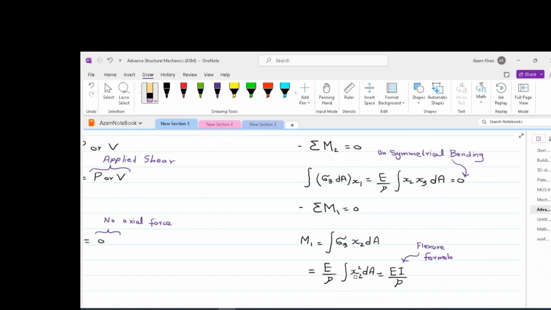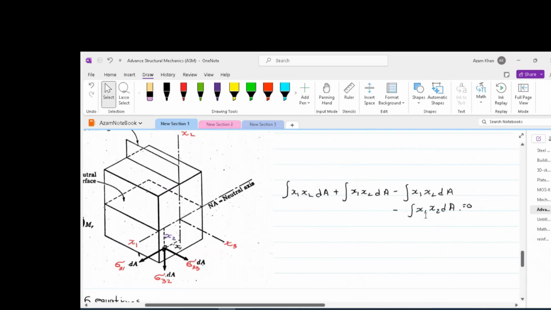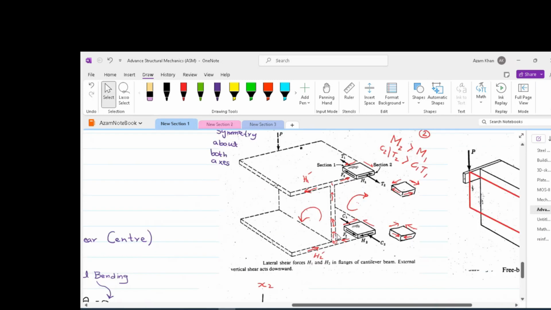Please note, if in our cross section the x2 is made bigger, then the moment capacity of the cross section can be increased. So in the case of an I cross section, the flanges are placed at some distance from the neutral axis, and that makes the cross section capacity higher.